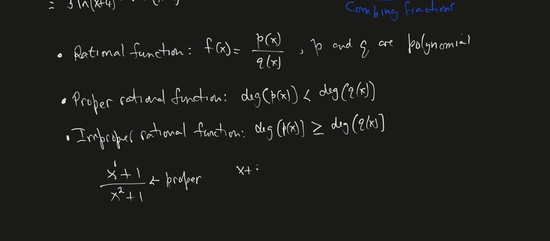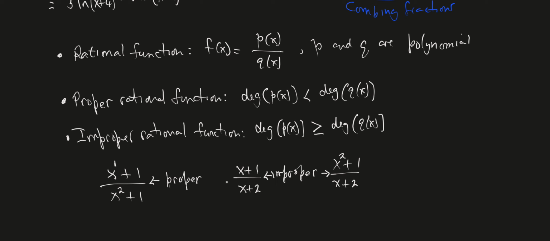If I have (x plus 1) over (x plus 2), this is now improper, because both the numerator and the denominator have a degree of 1. So even if the degrees are equal, or if we had something like (x squared plus 1) over (x plus 2), both of these are examples of improper rational functions, right?